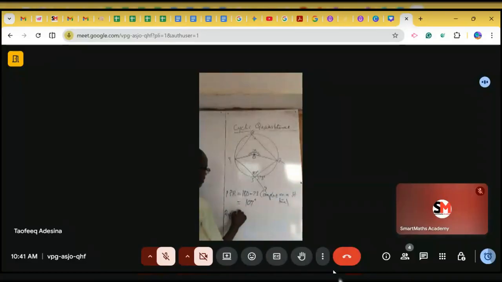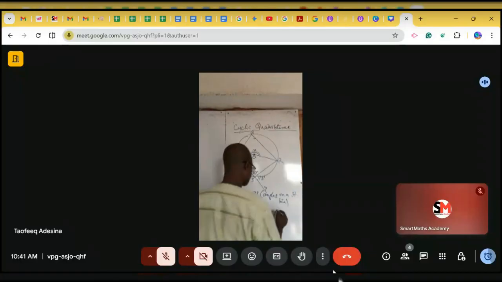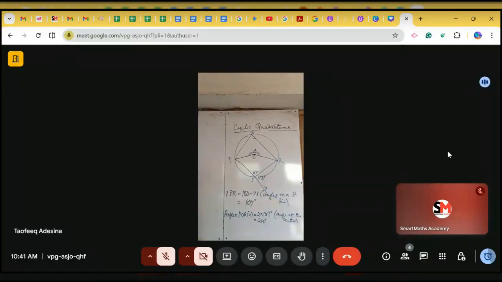The reflex angle POR, which is our angle S, equals 2 times 107 degrees, which is 214. This is the angle at the center.